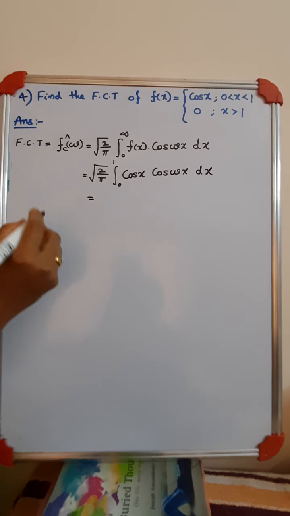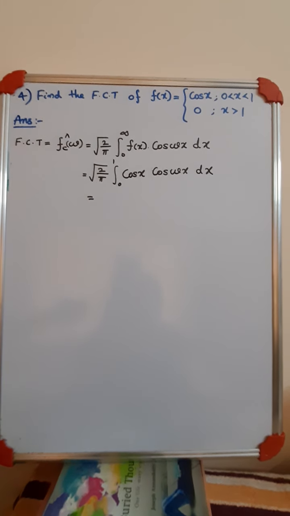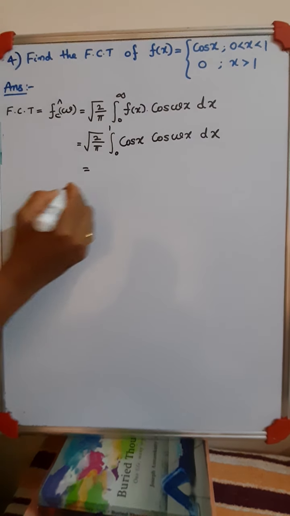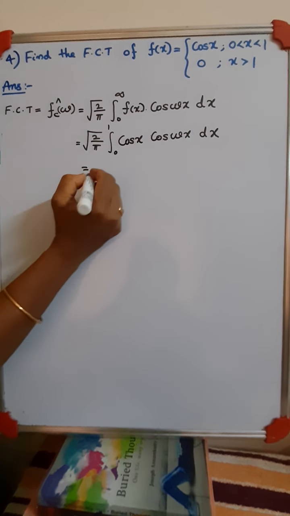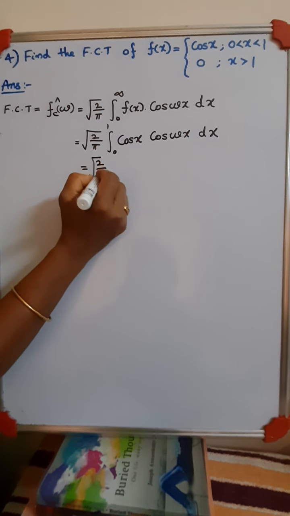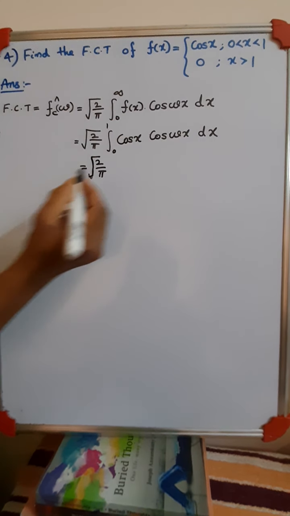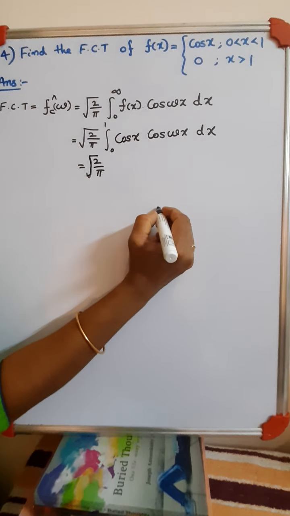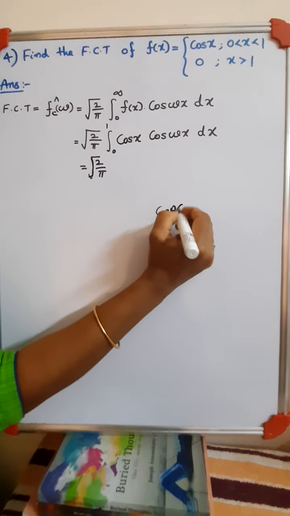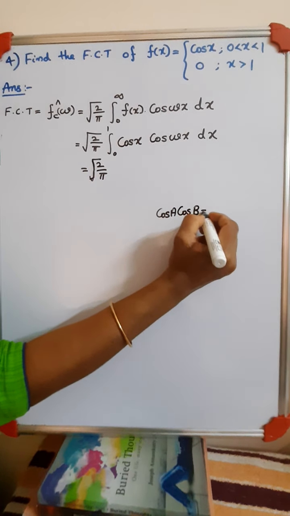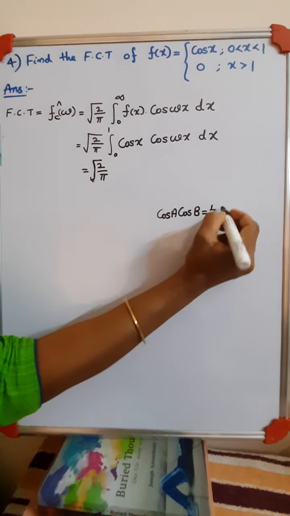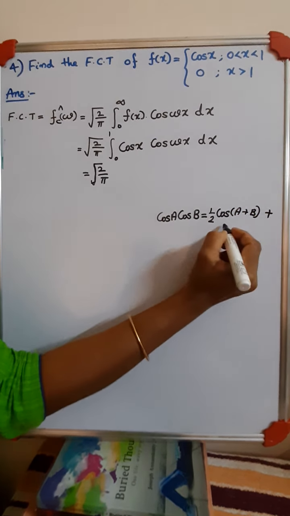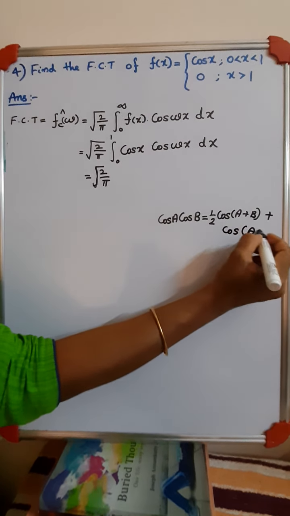Then that is equal to root of 2 by pi, integral of cos x into cos omega x. We must know the formula for cos A cos B. What is cos A cos B? Cos A cos B is 1 by 2 into cos(A plus B) plus cos(A minus B).